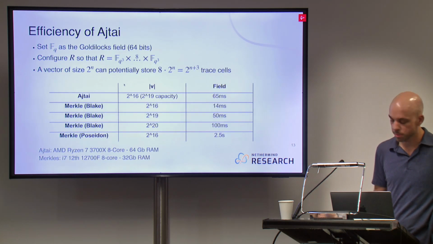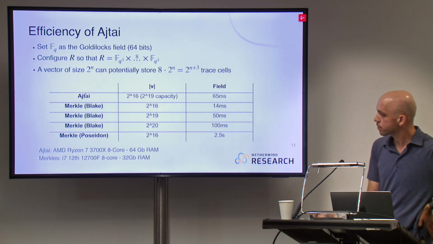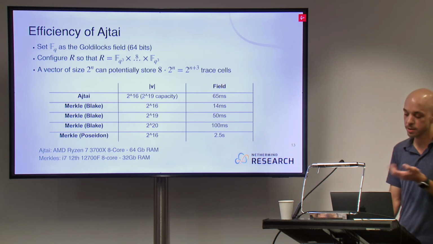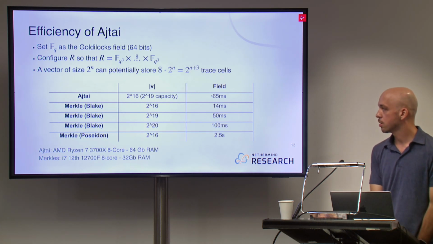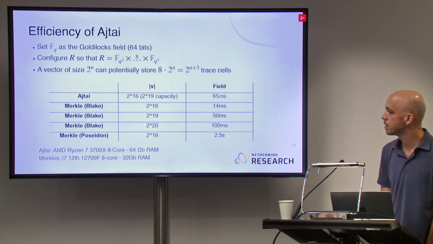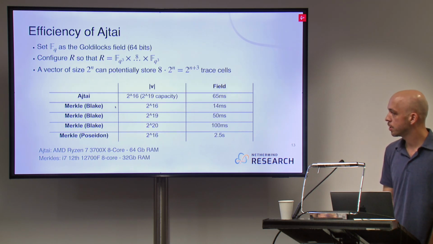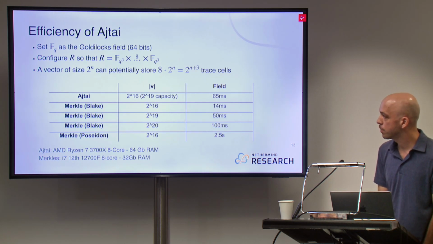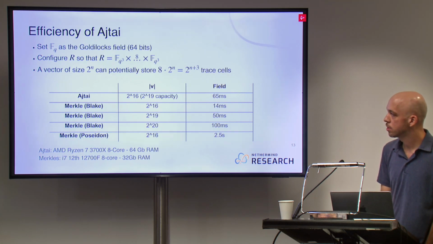And we have these benchmarks that we ran. So the Ajtai commitment for a vector of size 2^16, which would be 2^19 if we exploit this decomposition, costs 65 milliseconds. A Merkle tree for a vector of size 2^16 costs 14 milliseconds, but here we can only commit to 2^16 trace cells.